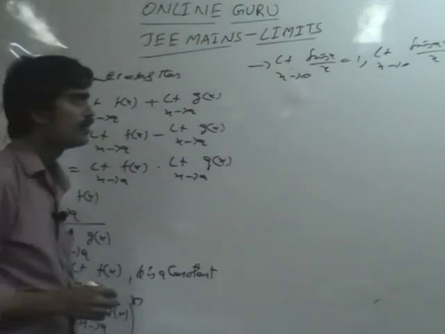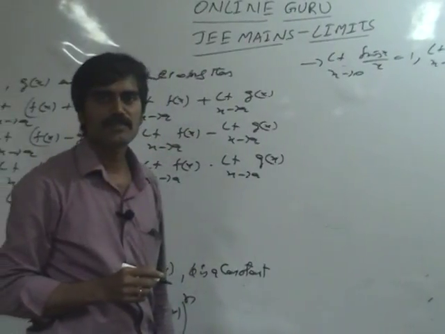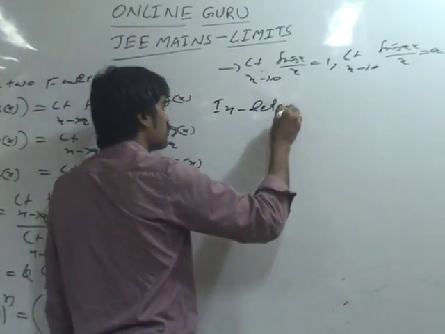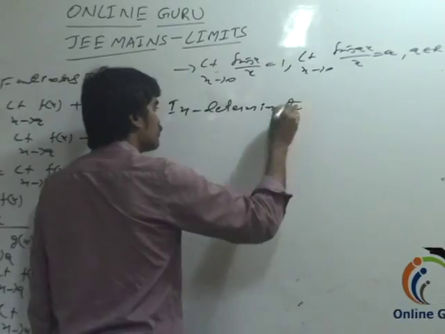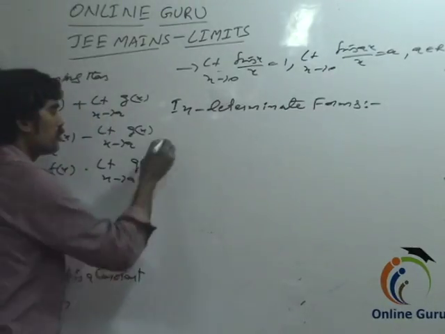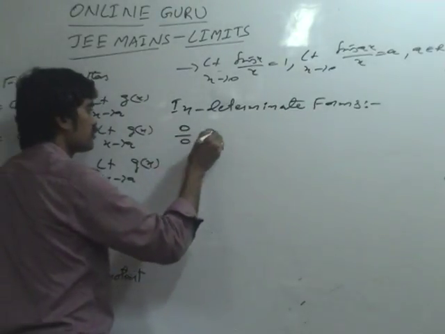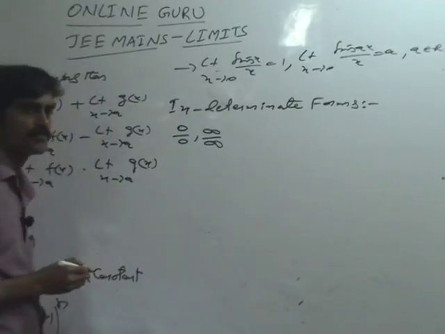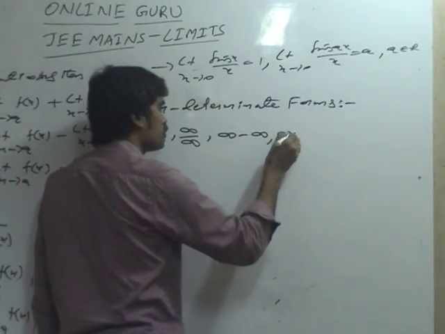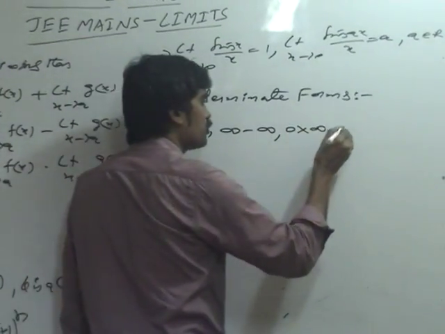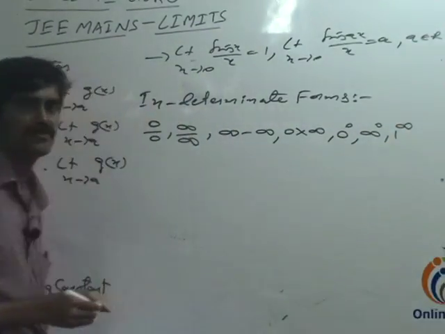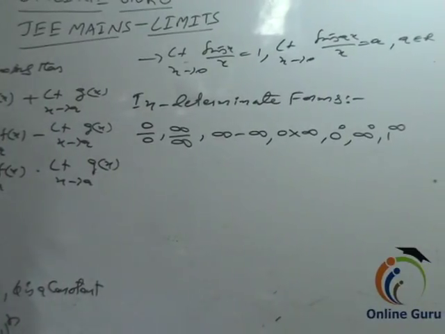Before doing the problem, you have to know about the indeterminate forms. The forms like 0 by 0, infinity by infinity, infinity minus infinity, 0 into infinity, 0 to the power of 0, infinity to the power of 0, 1 to the power of infinity are called the indeterminate forms.